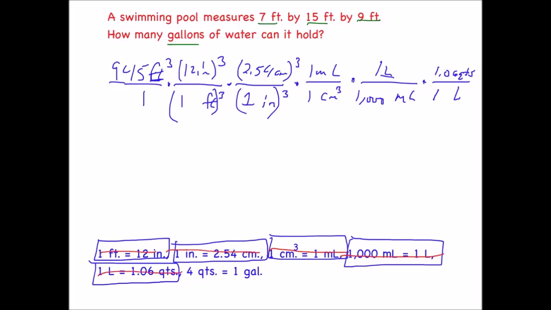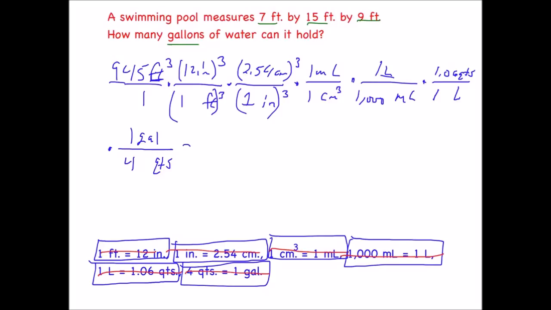So we can cross that one out. And we're not to gallons yet, so we're going to add another bar. And with quarts on top, we have to have quarts on bottom. So we'll look down here. The last conversion factor, 4 quarts is equal to 1 gallon. And we'll cross that last one out.